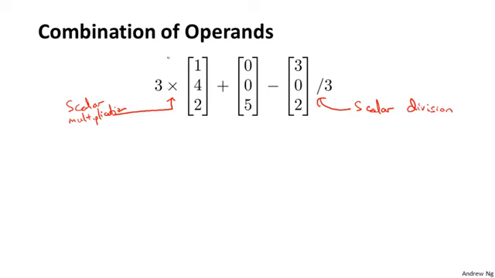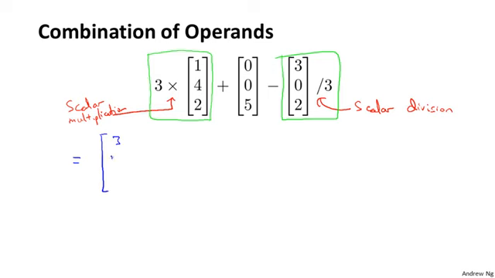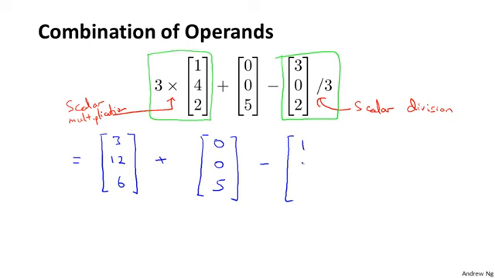If we evaluate these two operations first, then we get 3 times that vector is 3, 12, 6, plus my vector in the middle, 0, 0, 5, minus 1, 0, 2/3.